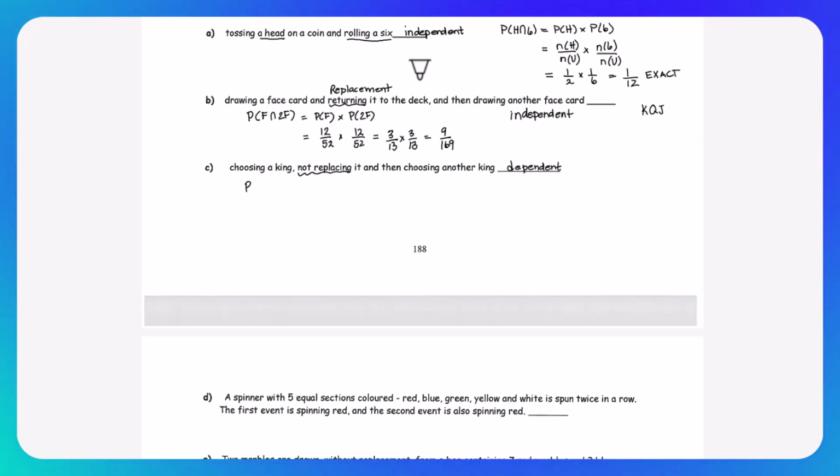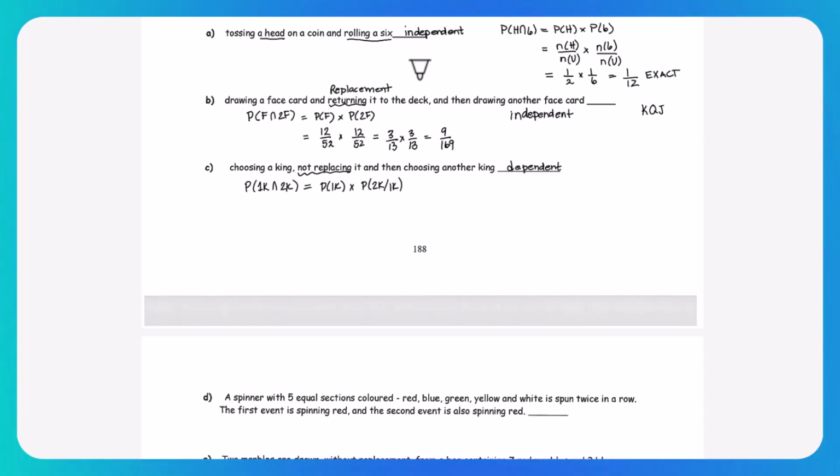So written down, if we say what is the probability of the first king and then choosing the second king, that is going to equal the probability of choosing the first king multiplied by the probability of choosing the second king, given that the first king has already been chosen.